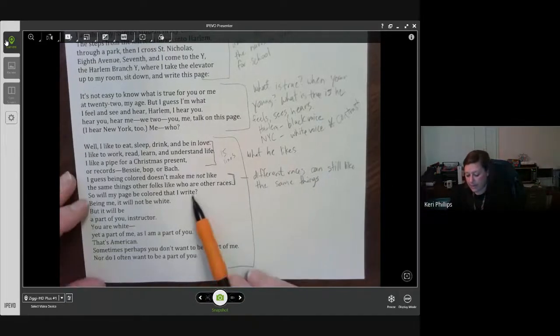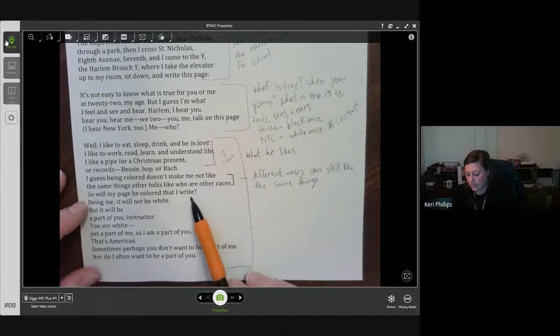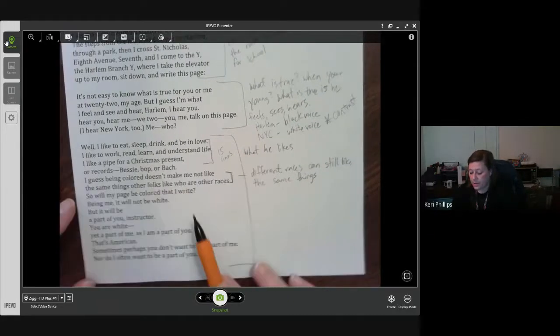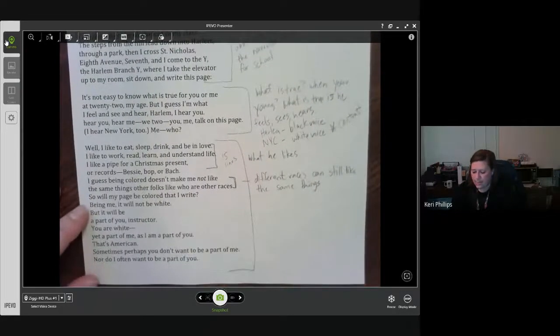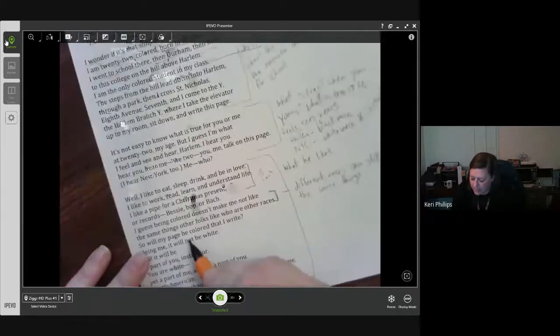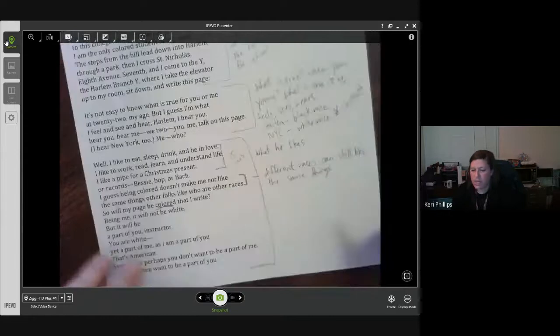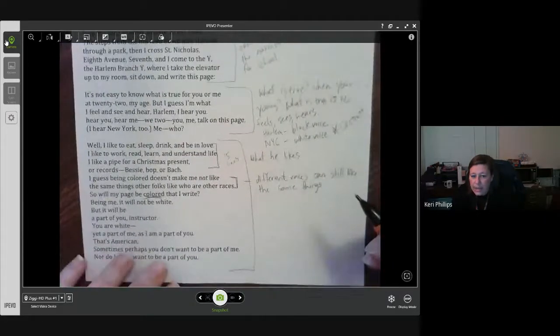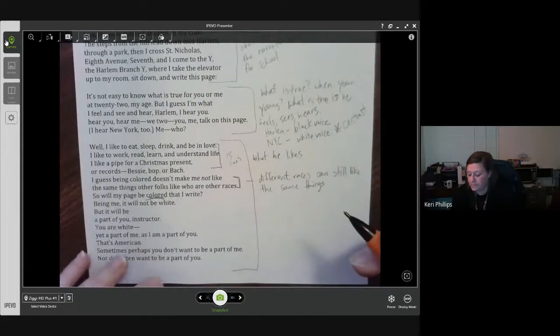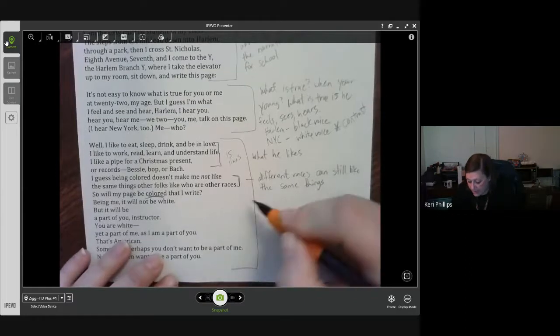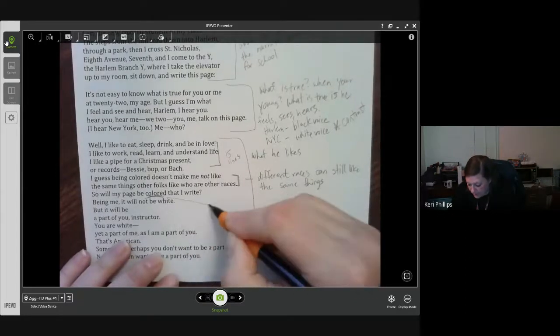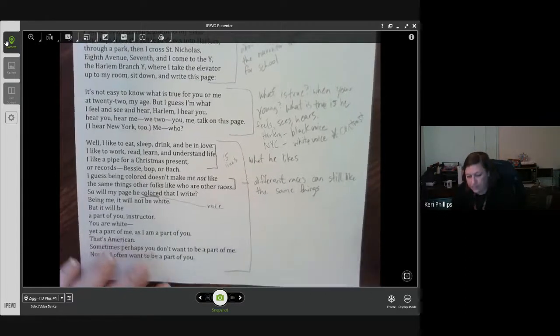And so then he goes back to this questioning a little bit. So will my page be colored that I write? Now, does he literally mean colored as in a blue piece of paper? No, he's talking about race here. And I'm just going to write that down so you don't miss it.